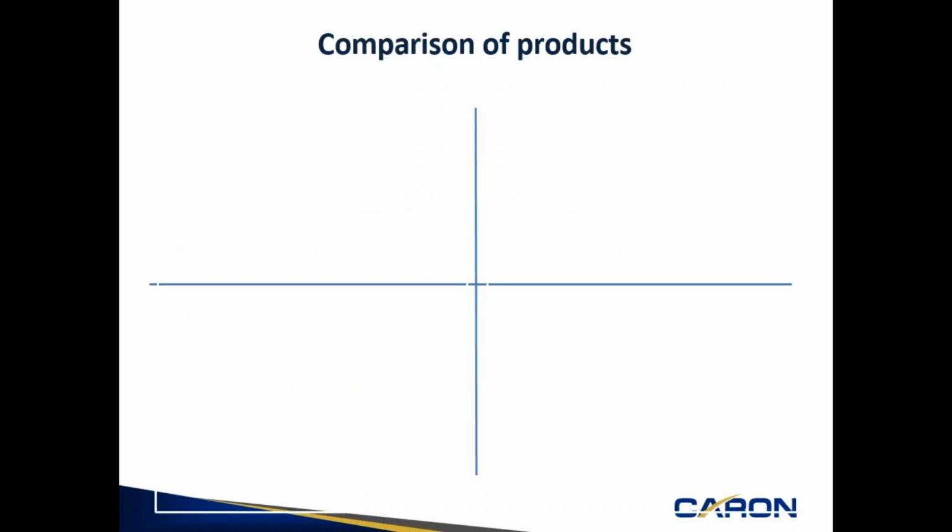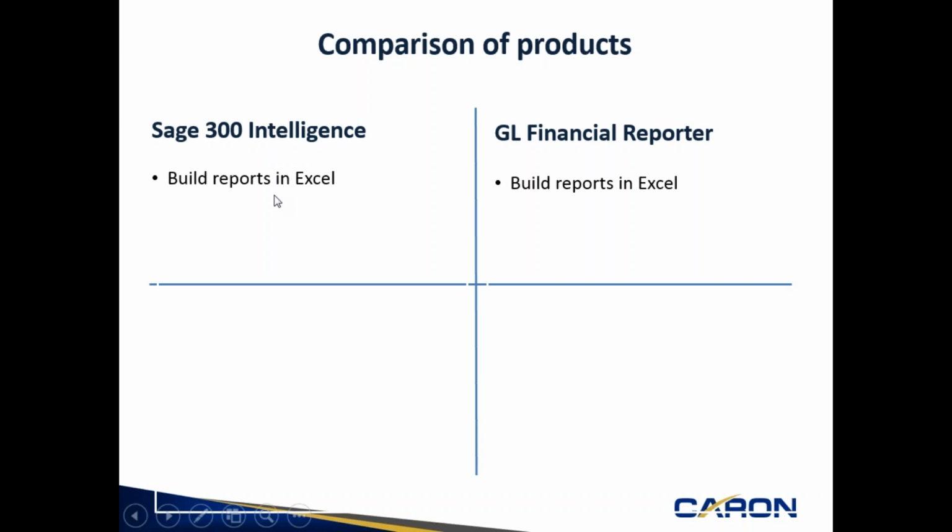First, I'll do a high-level comparison of the three main products, and then later on I'll talk about the Sage Intelligence Cloud. So the Sage Intelligence product and the Financial Reporter, both of these are Excel-based reports. They use Excel, so a lot of people find them easy to use, or relatively easy to use.